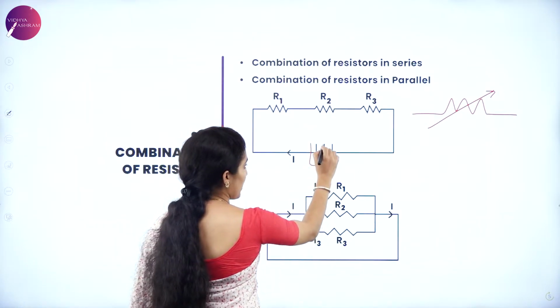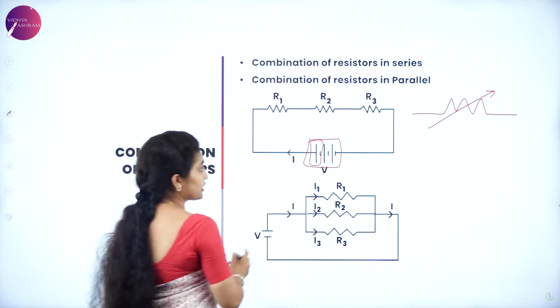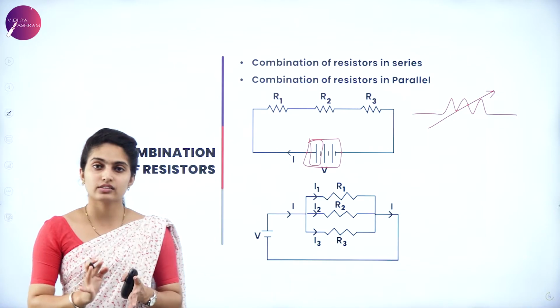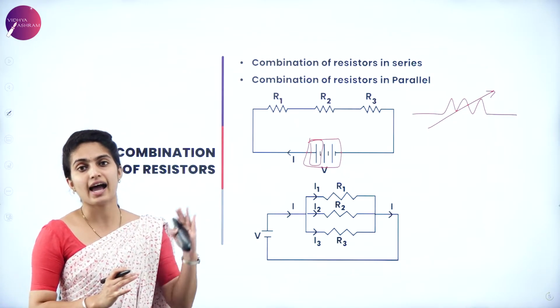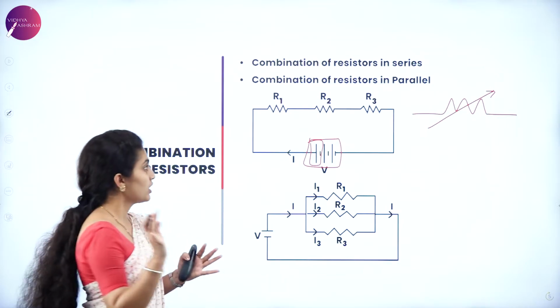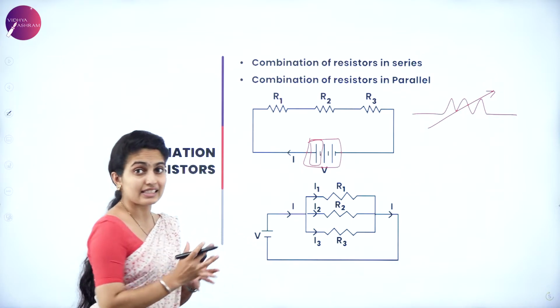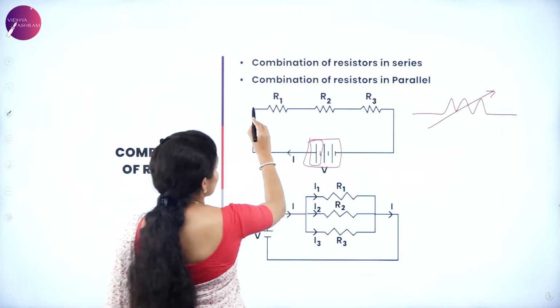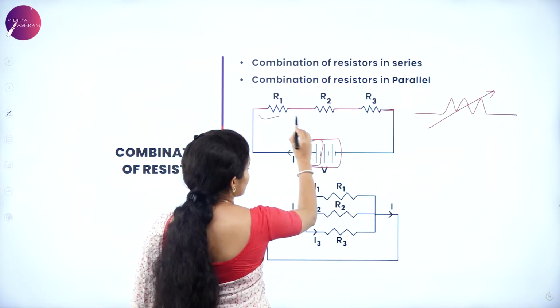If it is only one, it is known as a cell. If it is a collection of cells, it is known as a battery, which provides certain potential energy due to which there is flow of charges and current is produced. So this combination of resistors in series means there is a chain link between all the resistors connected in this format.